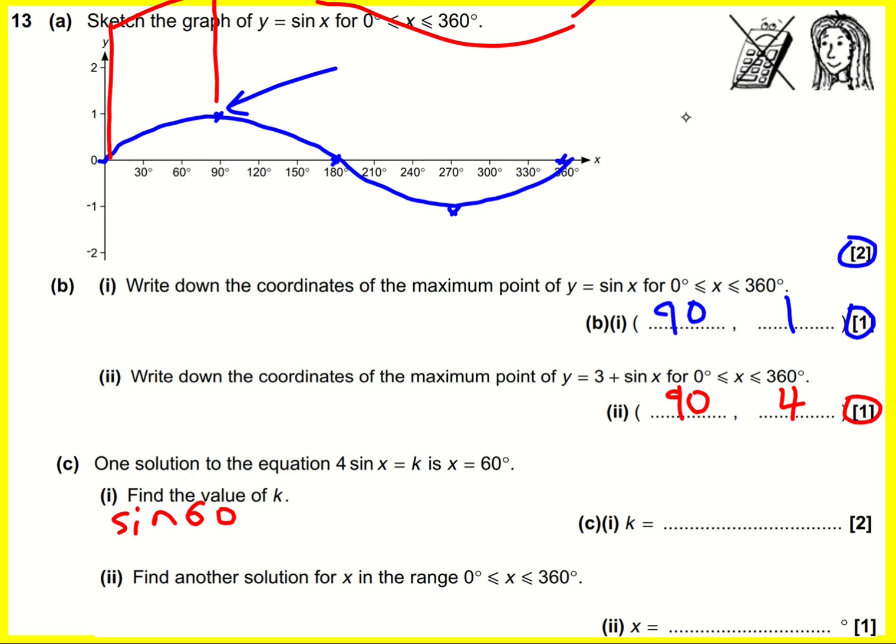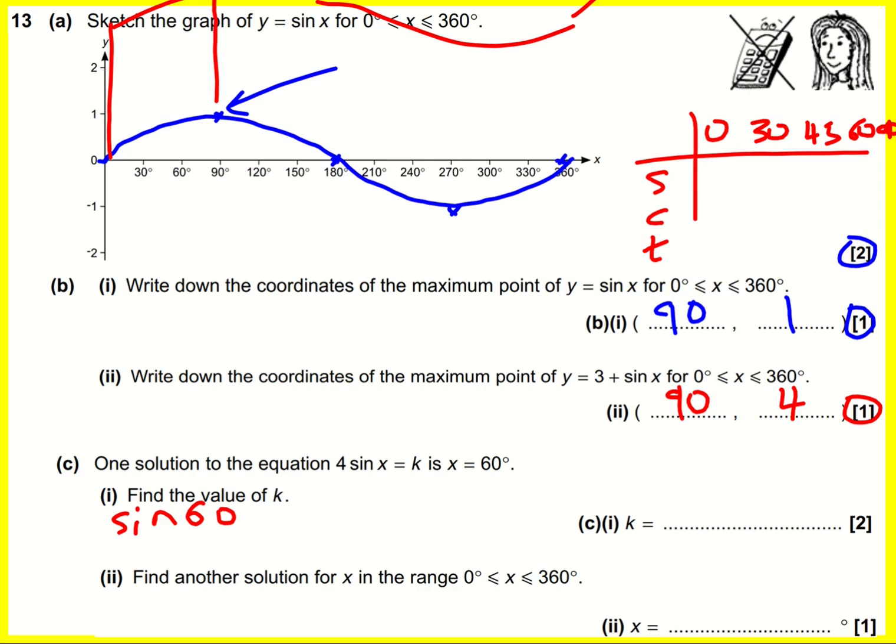There's a nice memory technique that you can use for sine, cos, and tan, and I'm only going to do it for sine here. So the key angles you need to know it for are 0, 30, 45, 60 and 90.